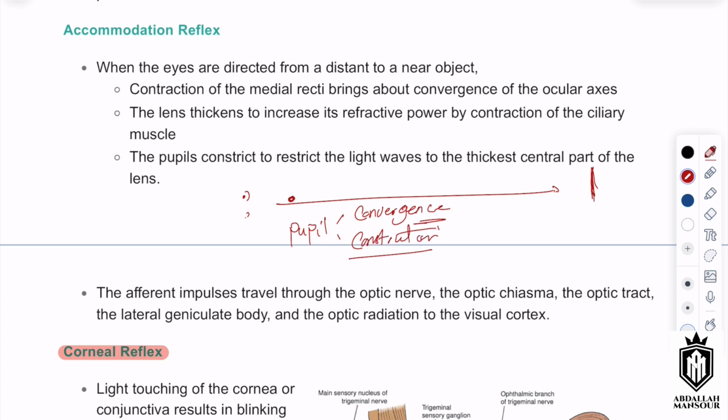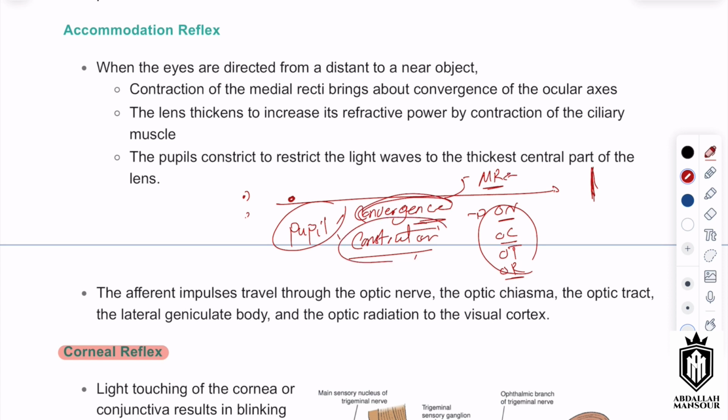And the afferent is basically sent through the same pathway that we talked about. The optic nerve, the optic chiasm, the optic tract, and then the optic radiation as well. And the convergence happens through the contraction of the medial rectus, which is basically an oculomotor nerve supply.